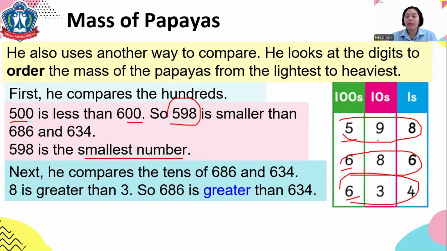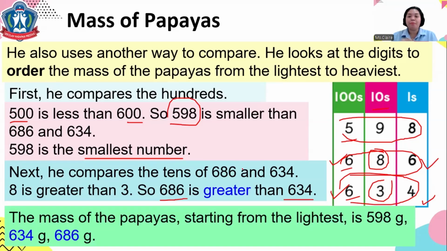Now we compare the other two numbers. Both of these numbers have 600, so we go to the next place value, which is the tens. He compares the tens of 686 and 634. We observe that 8 tens is greater than 3 tens. So 686 is greater than 634.